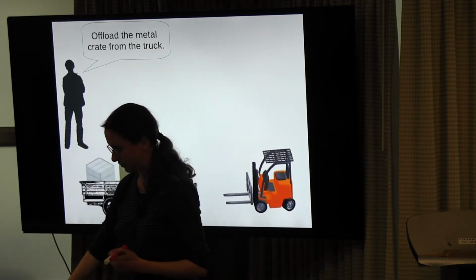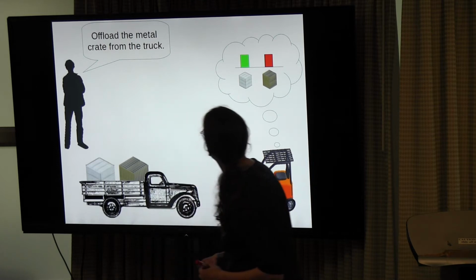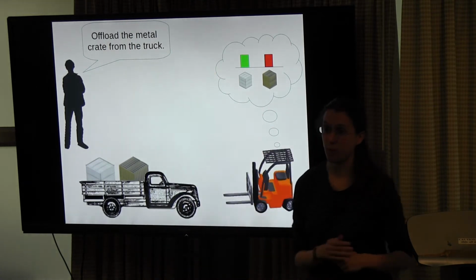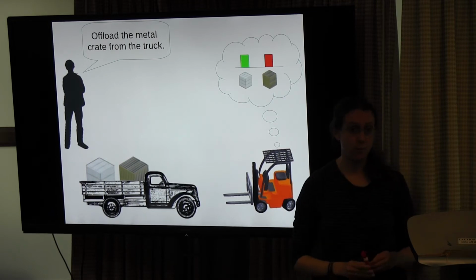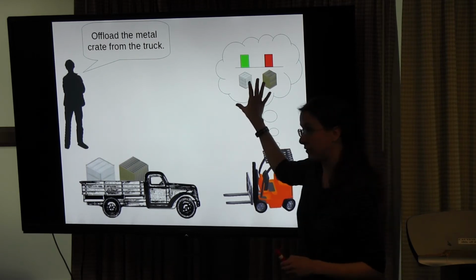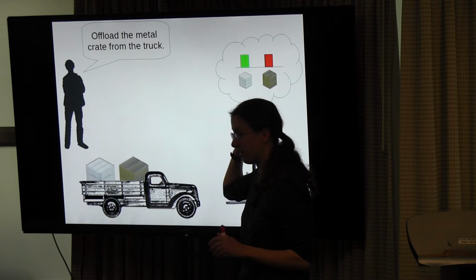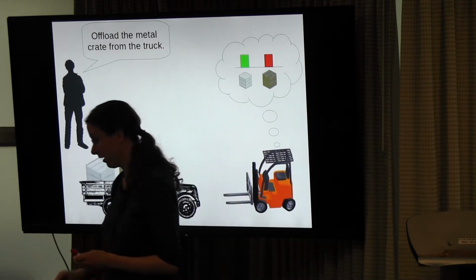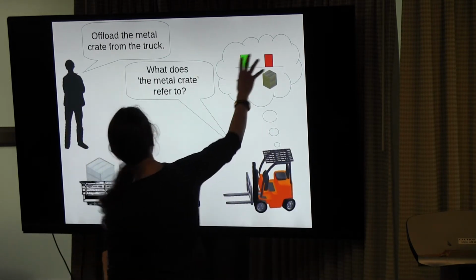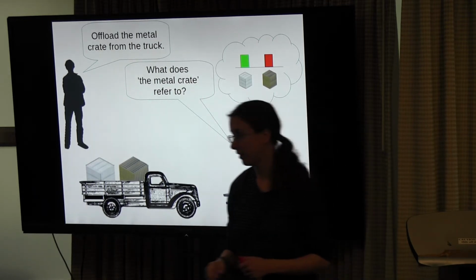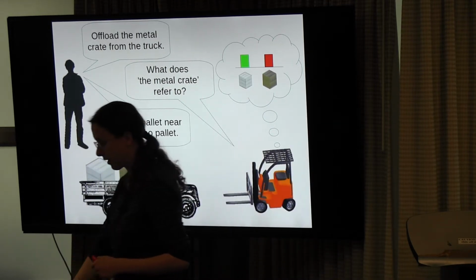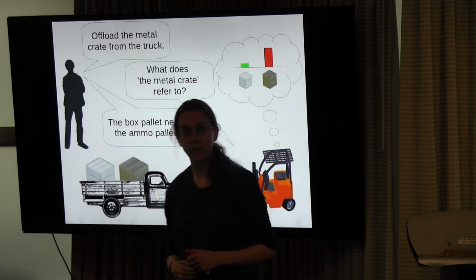If you said offload the metal crate from the truck, and there was no metal in its training data, let's say, then it would have a uniform distribution over which pallet was being talked about. They're both crates, they're both on the truck, but it doesn't know which one is metal and which one is not. So it detects the entropy of this distribution, and then it asks a question: what does the metal crate refer to? And then the person says something like the box pallet near the ammo pallet, and then it updates.